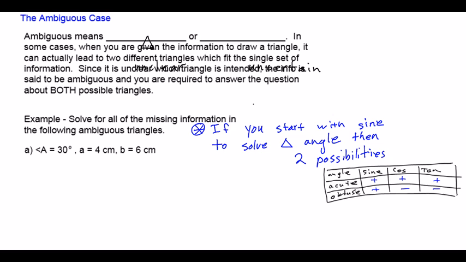Now, if you remember, when we had an angle that was acute or obtuse, the sine ratio was positive in both the acute case, which was less than 90, and the obtuse case, which was greater than 90. So remember that a triangle has 180 degrees. If you have an angle that's acute, then you most likely have an acute triangle.